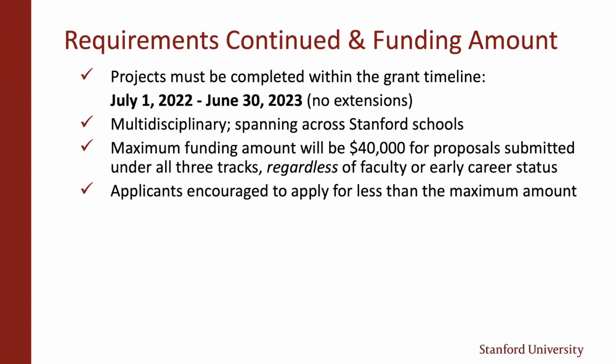With that, we still encourage you to apply for less than the maximum funding amount, because that allows us to fund more proposals. If you have a project that is really interesting and it just takes 10,000 or something, that is fantastic, because it'll allow us to fund more of those and increase the span of our research.